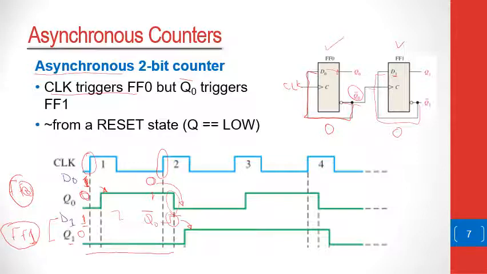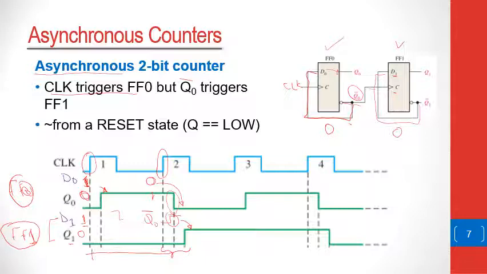And also you will notice that because the clock signal of flip-flop 1 is controlled by the output of flip-flop 0, there are two sets of delays that will occur before the state of the second flip-flop, flip-flop number 1, actually settles to the final value.